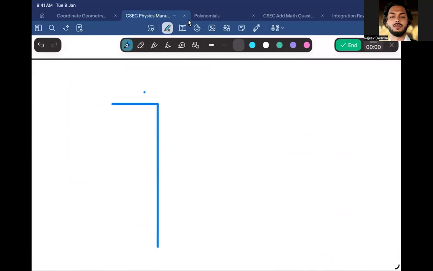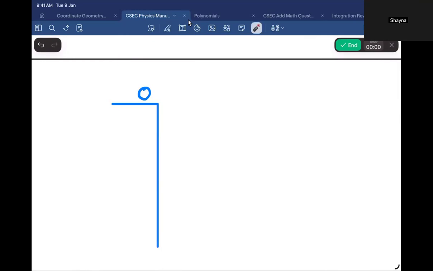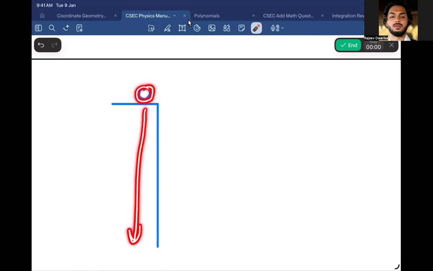If we have a ball on top of a shelf, what kind of energy do you think it possesses? Potential. Right. Now, potential energy is the amount of energy a body possesses by virtue of its position relative to the ground, right? So it has some distance from the ground.